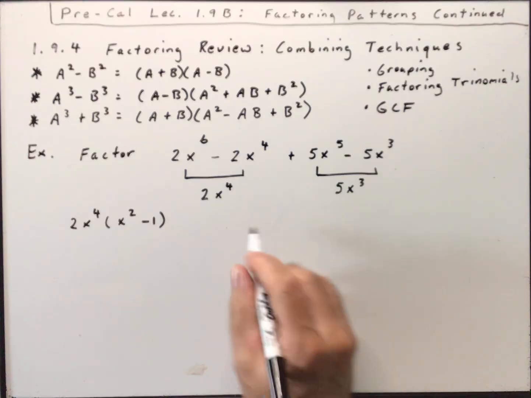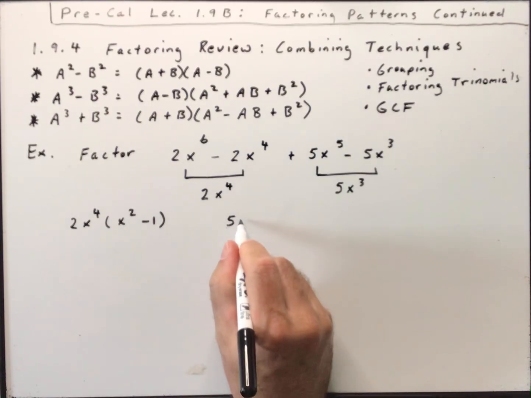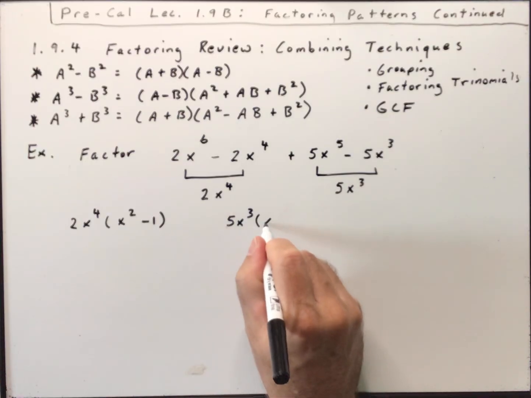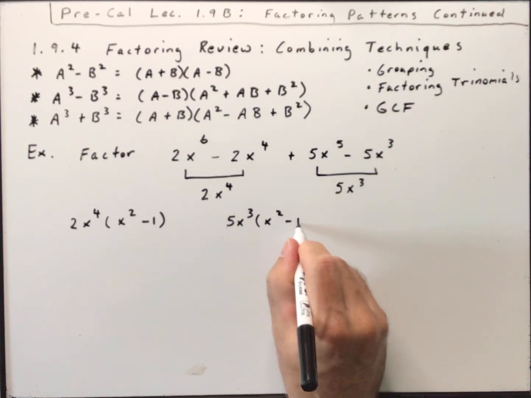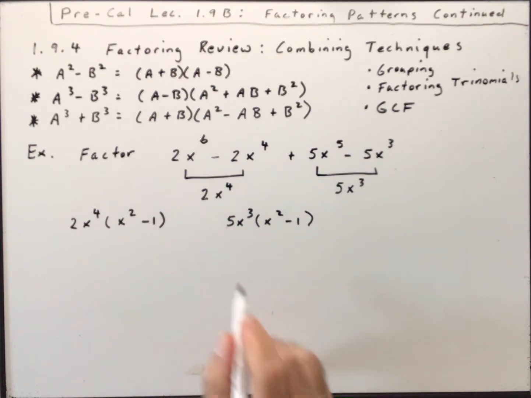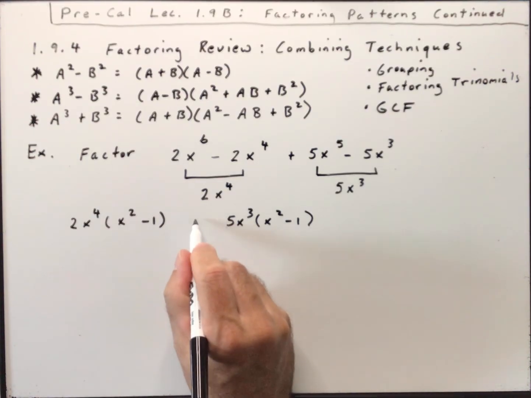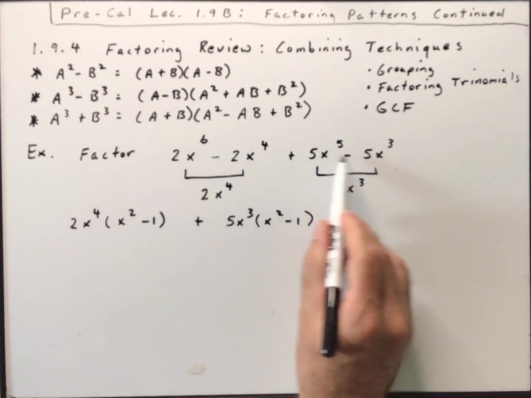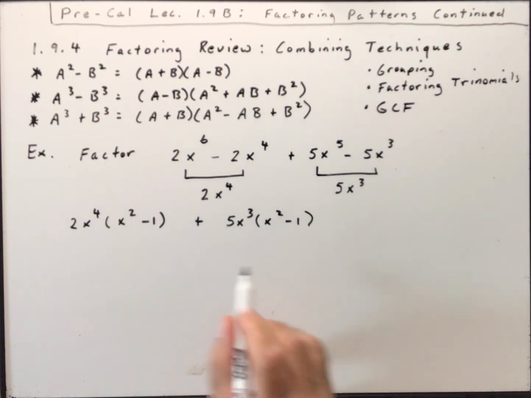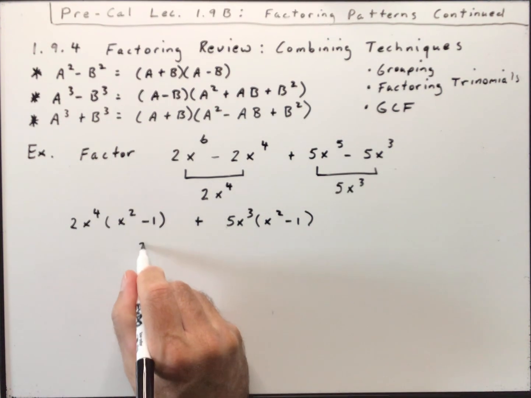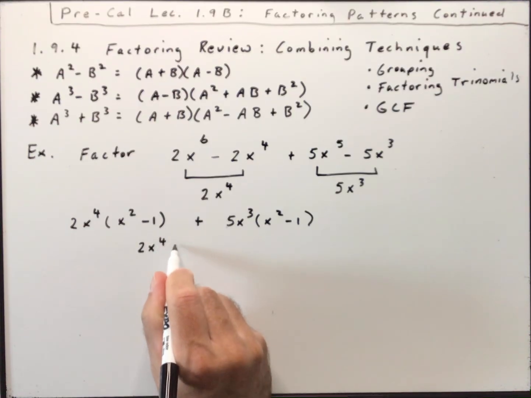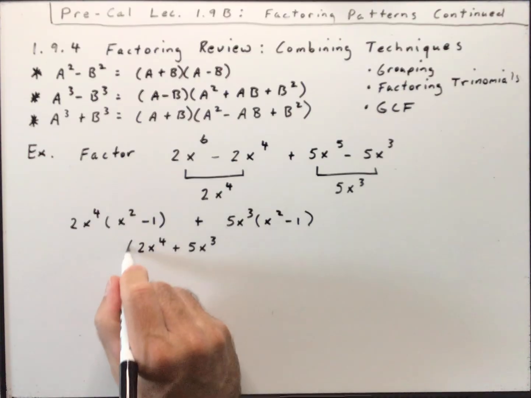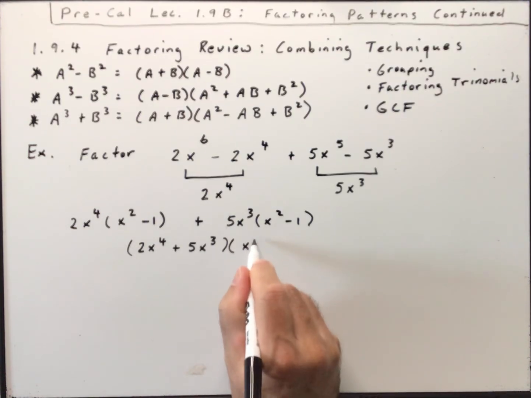And then here we would have, I'm going to hold off on the sign, 5x cubed, and that's going to be x squared minus 1 again. So I do believe we need a plus sign in between the two to make it get back to this in terms of our sign. So what we have would be 2x to the fourth plus 5x cubed. So I'm adding these two together, putting it in a parenthesis, and then x squared minus 1.